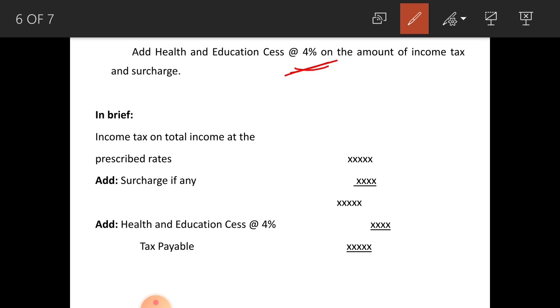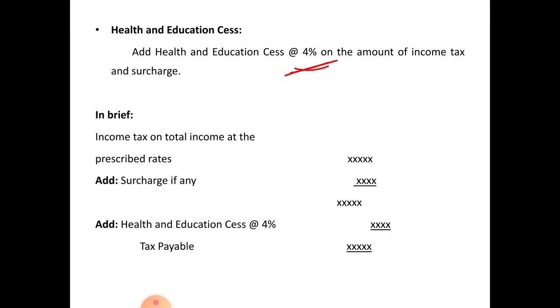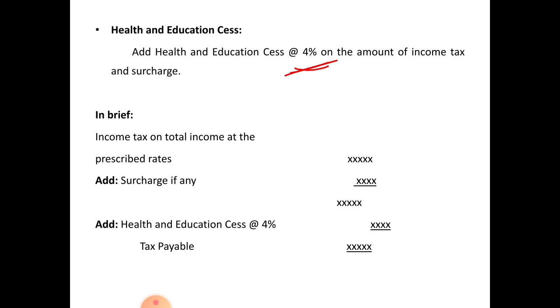After adding this, the amount you get is known as tax payable by an individual. So this is about tax slab and income tax calculation for this assessment year.